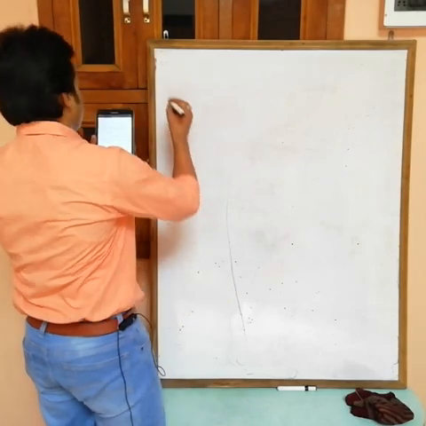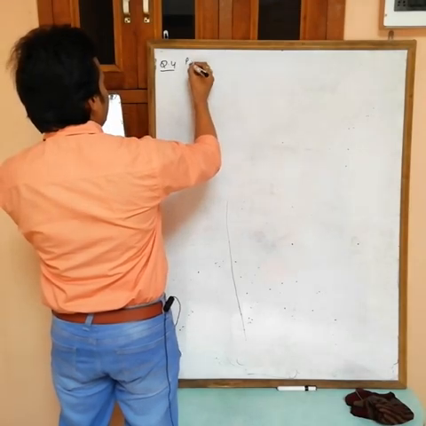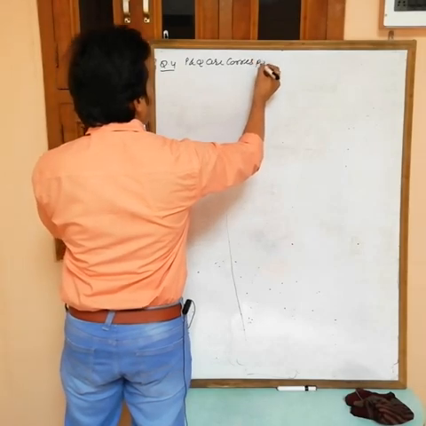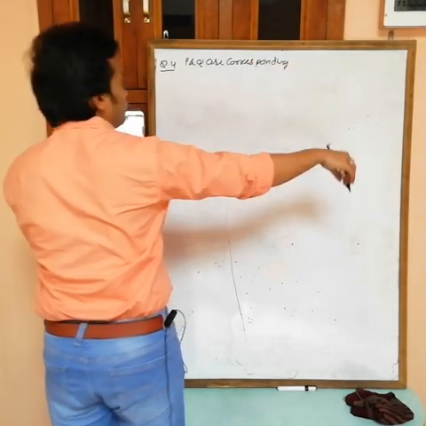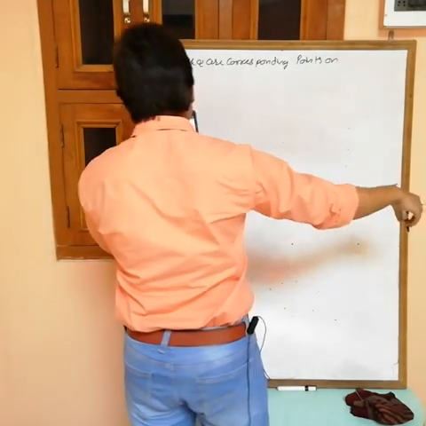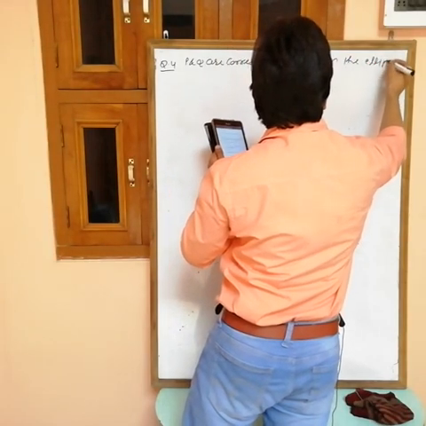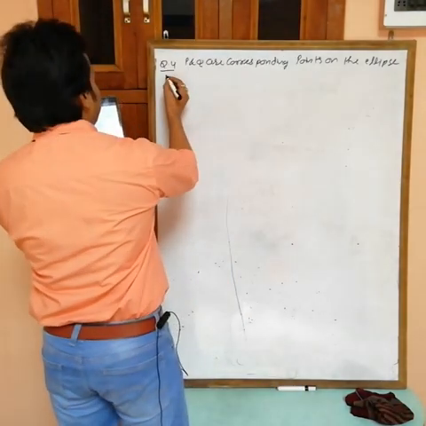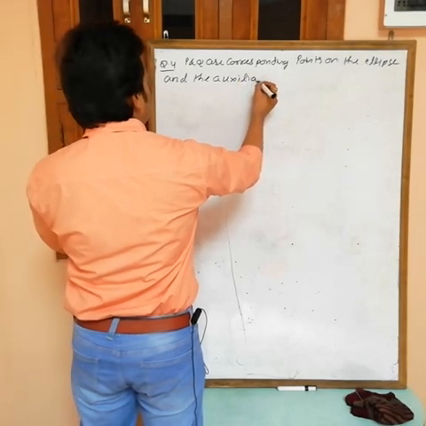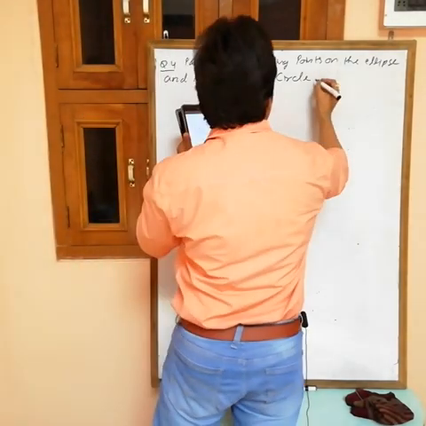Okay, now fourth question. P and Q are corresponding points on the ellipse and the auxiliary circle respectively.